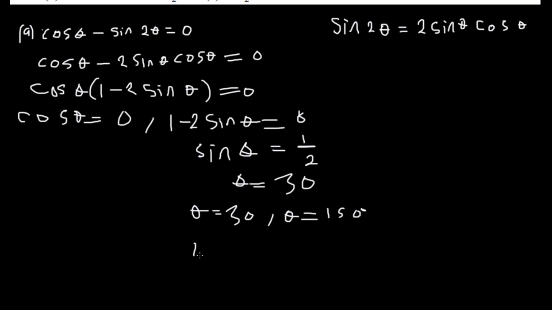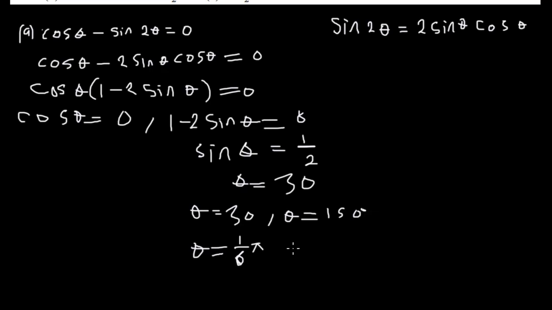When you convert these angles to radians, the 30 converted into radians is pi over 6, which is 1 over 6 pi.